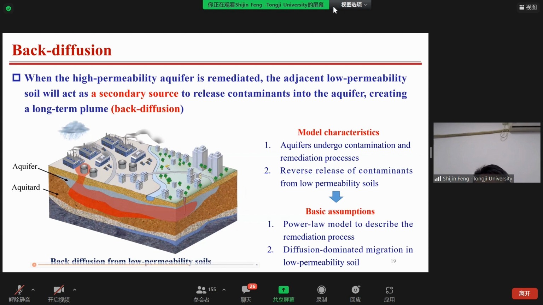We consider the aquifer undergoing contamination and remediation processes, and assume that contaminant transport in low permeability formations is dominated by diffusion. Based on this assumption, we establish a back diffusion model for organic contaminants through the low permeability soils.